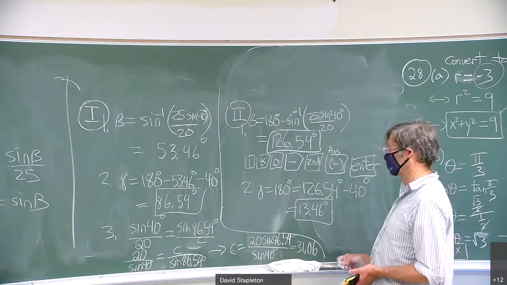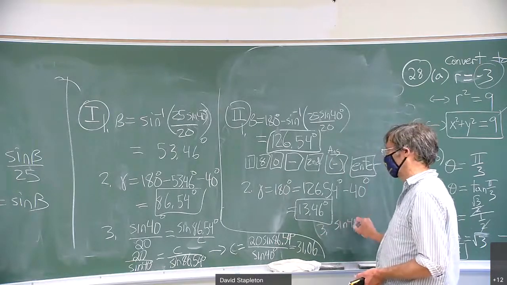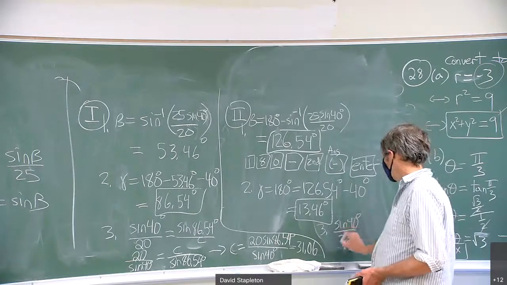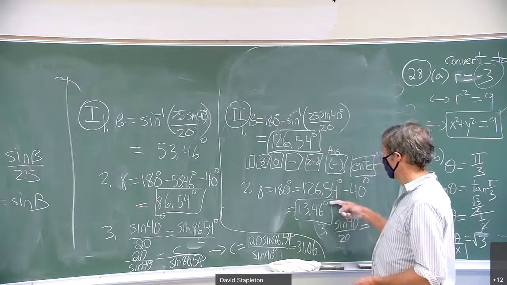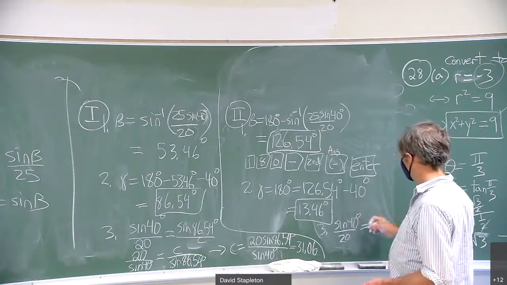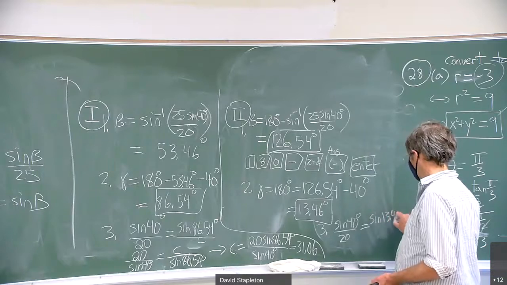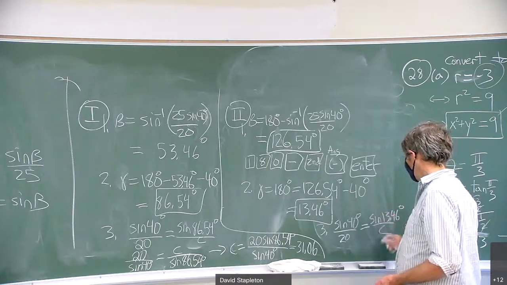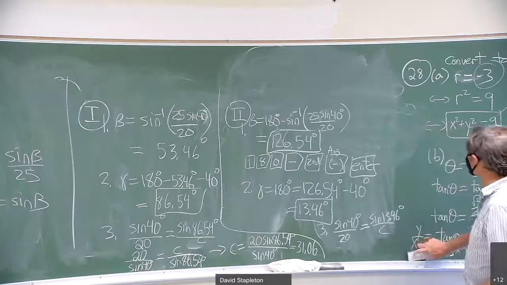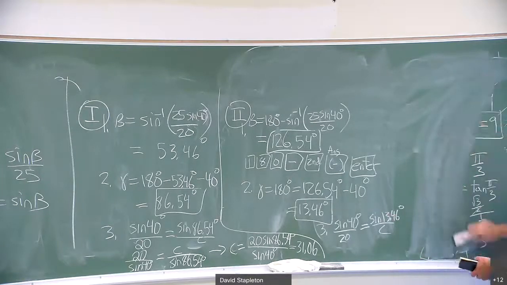Second case, I just do the same thing. This time, I say sine 40 is to 20, same thing I wrote over there, as sine of the angle gamma here, 13.46. Here's the C. And I just have different numbers to solve in the same kind of equation. Let's see what I get.